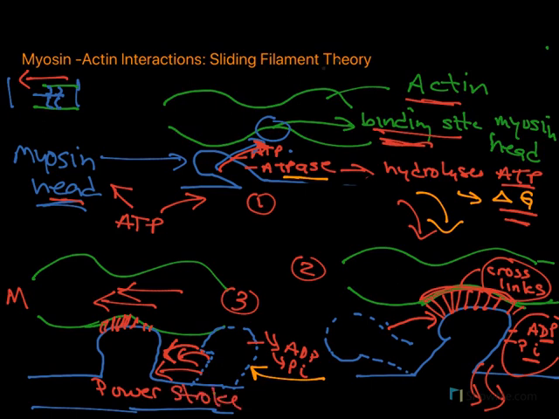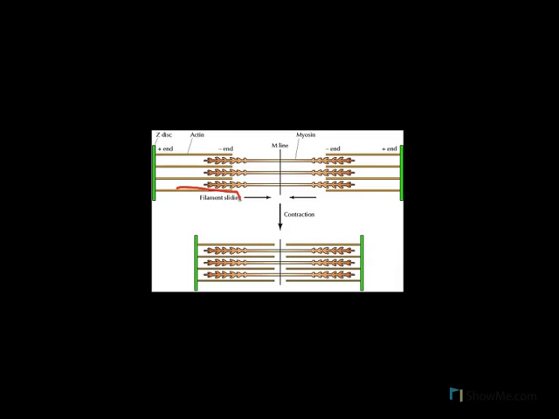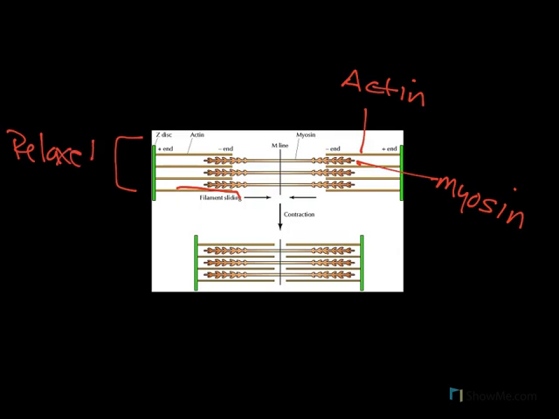Okay? So if we look at the sarcomere, here is actin. Here is the myosin. And this is relaxed muscle, where the myosin and the actin are not interacting, and then you have the contraction.